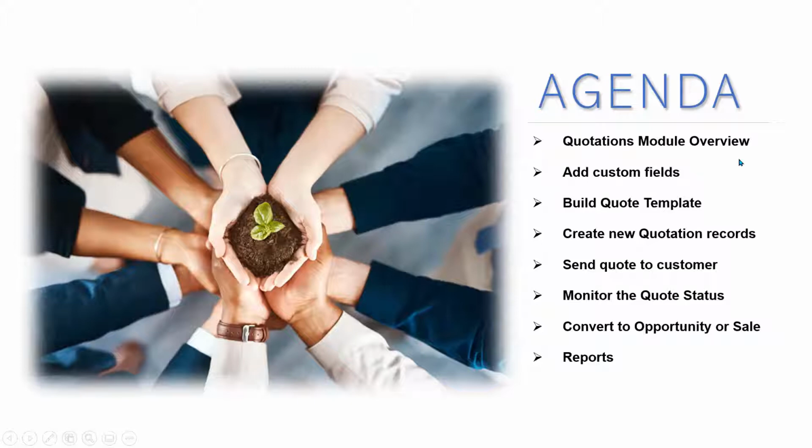So that should be done first. And then you can build your quote template, pulling in the custom fields that you have in your quote record, and have that ready to go.